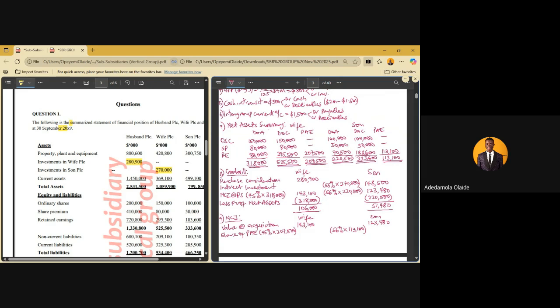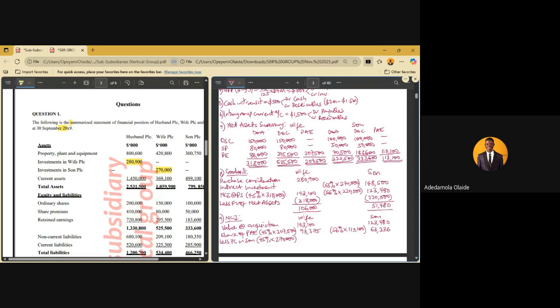And that will give us how much? For this, 93,375. So in the absence of any other information, we can now say less purchase consideration in son. They were holding 45% of the purchase consideration of 270,000.